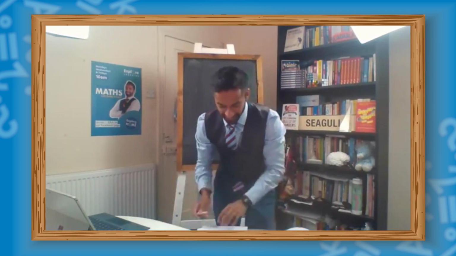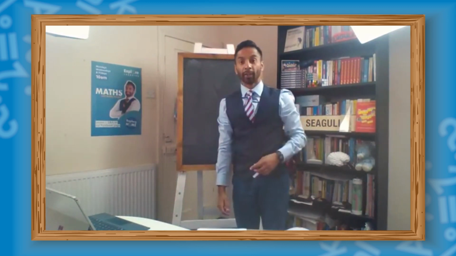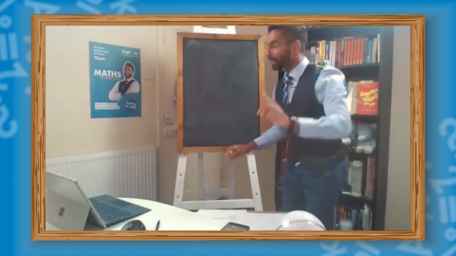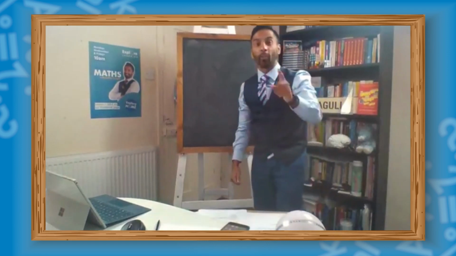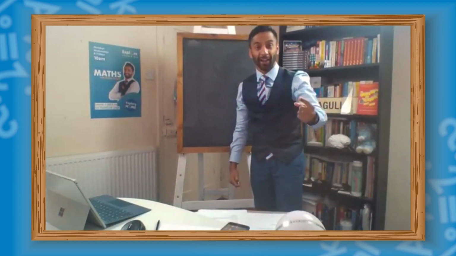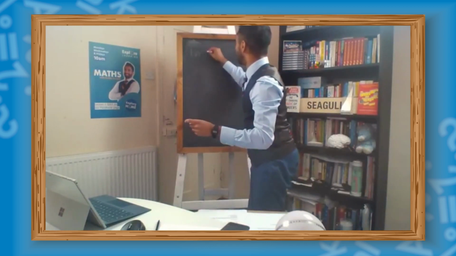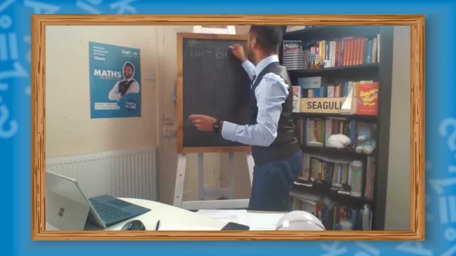Okay, so let's go. So today we're going to be covering time. Let's look at some of the basics here. Let me move my camera slightly down so you can see a bit more on the board. So here are the basics. So we know in 1 minute, how many seconds are there? 1 minute has 60 seconds. Always just checking these things.